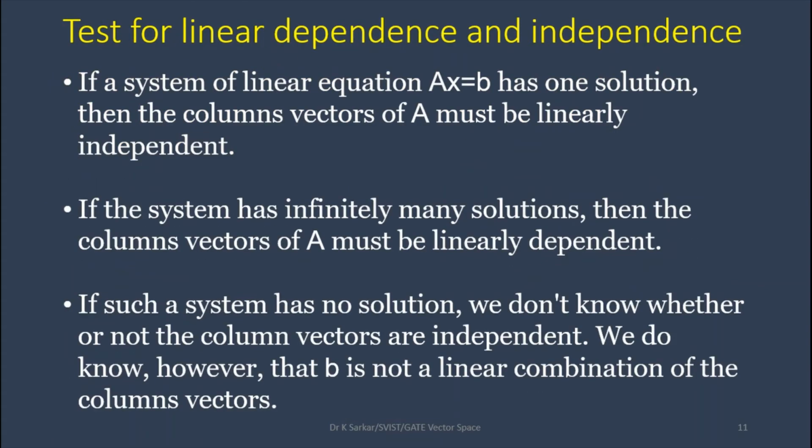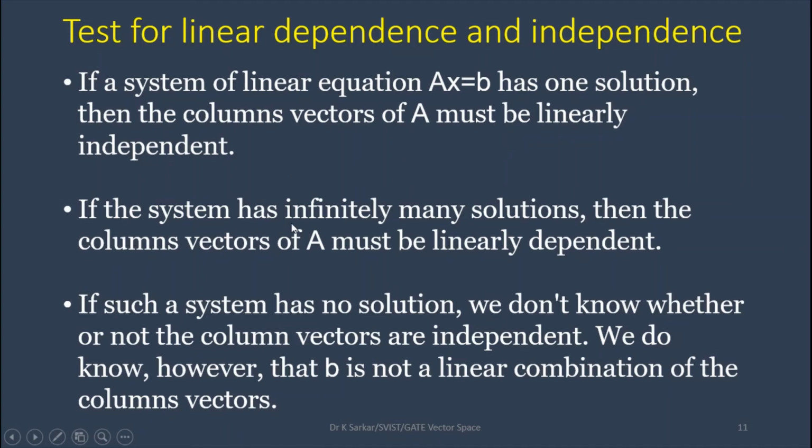Okay. Now the test for linear dependence and independence depending on these solutions. If a system of linear equations Ax equals b has one solution, then the column vectors of A must be linearly independent.